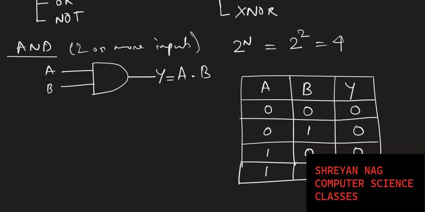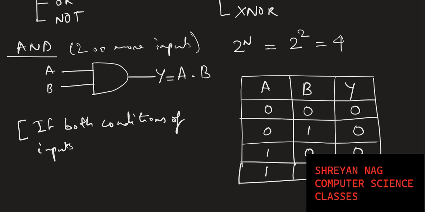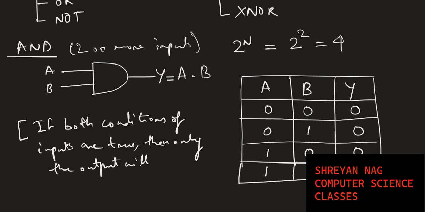It is basically saying that if both the conditions of inputs are true, then only the output will be true.